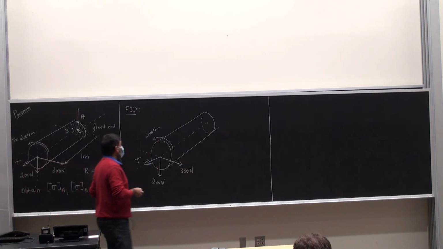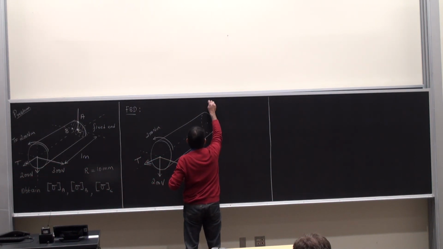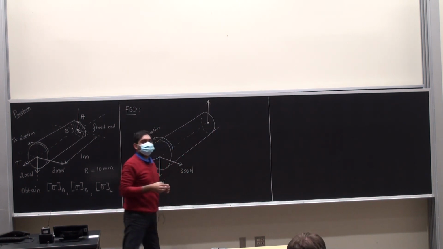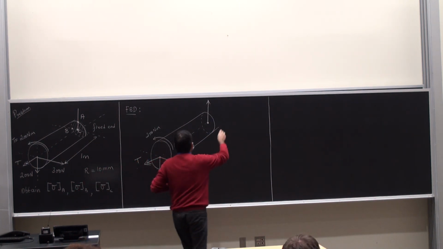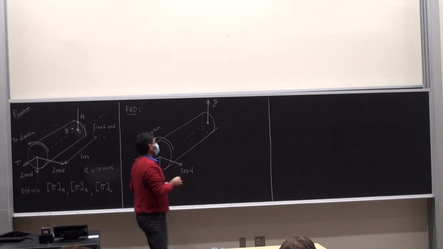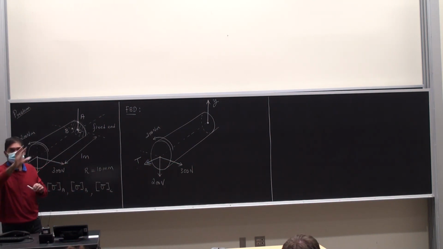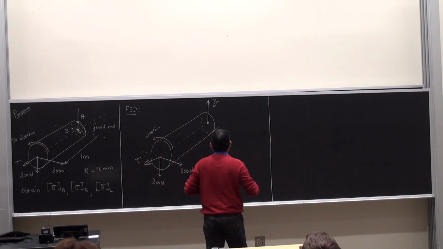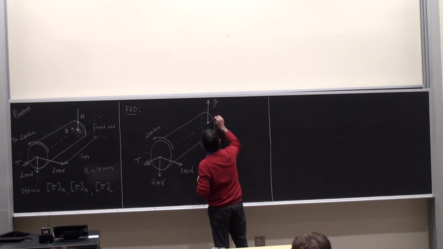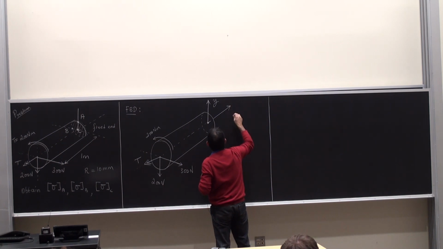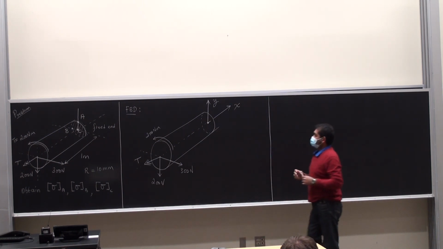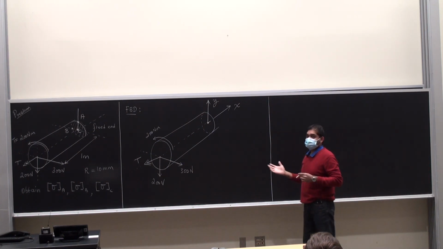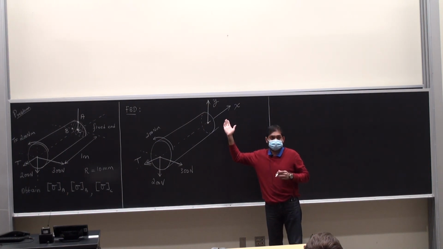Okay? The vertical axis, I usually call it the y-axis. Then I'm going to have an axis that is through the axis of symmetry of the shaft. I'm going to call it the x-axis, so coming out here is my x-axis, which means that my z-axis is going to be given by the right-hand rule.